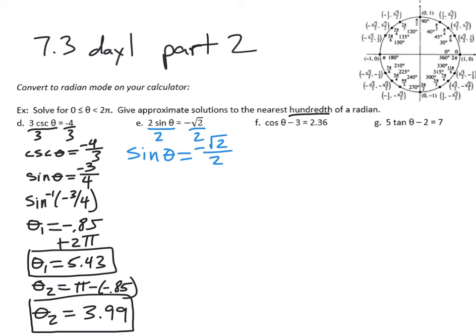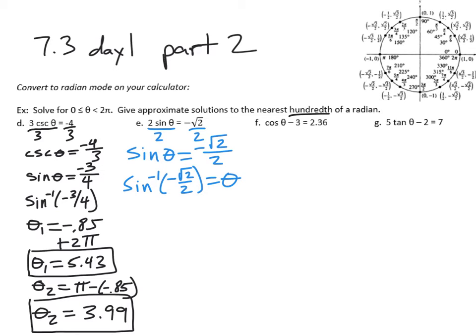Oh, yeah. So these kind of randomly show up. Kind of be on the lookout for them. Sine theta equals -√2/2. It's a unit circle, right? We saw these way back at the beginning of the first lesson. If you were to address this question, you could go to the unit circle.